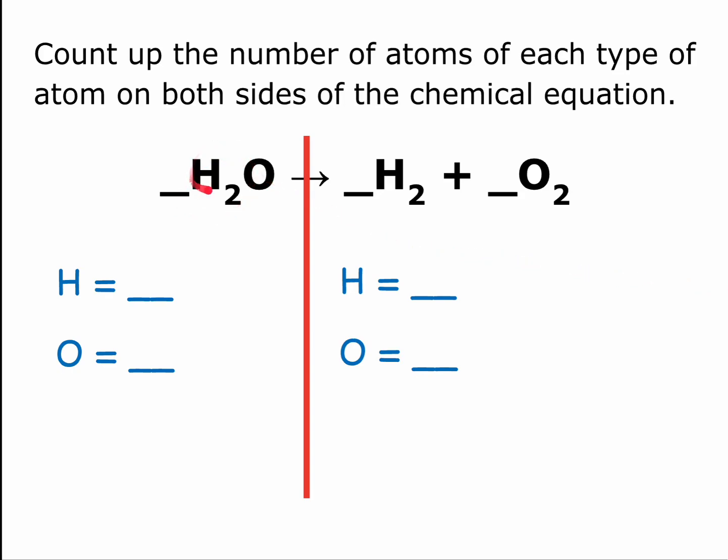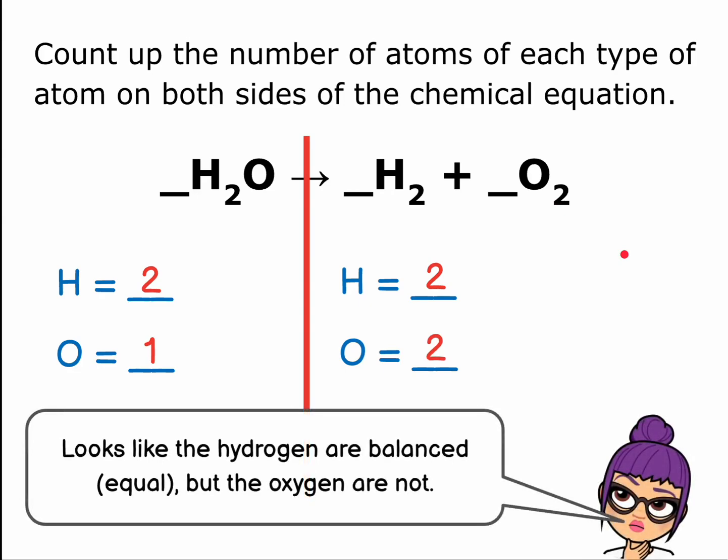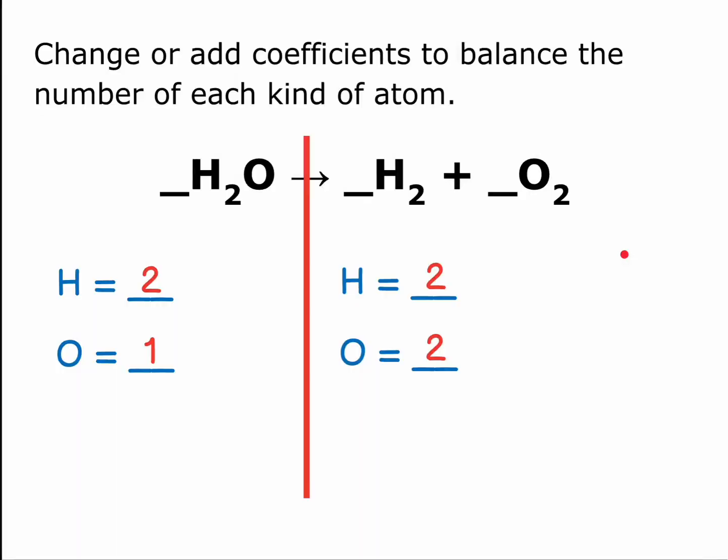So in the reactants, we have 2 hydrogen and 1 oxygen. In the products, we have 2 hydrogen and 2 oxygen. So it looks like our hydrogen are balanced, but our oxygen are not. So we are going to change or add coefficients to balance the number of each kind of atom.